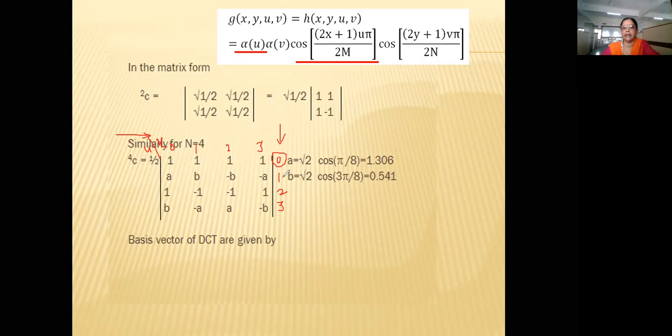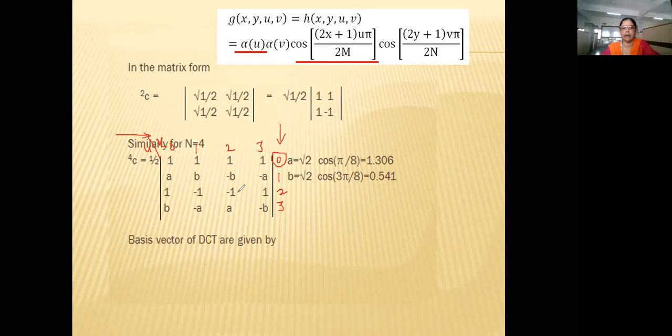Similarly, when we take u equal to 1, again we vary x at 0, 1, 2, 3. Accordingly, we substitute these values in the forward transformation kernel, and we get these values a, b, minus b, minus a, where again 1/2 is common to all these 4 elements. When u is 2, again we vary x from 0 to 3 so that we get these 4 terms.